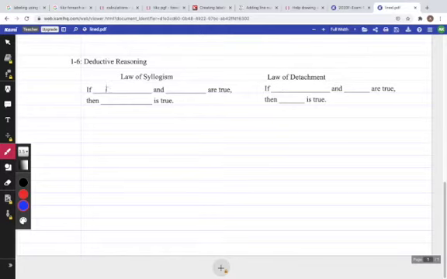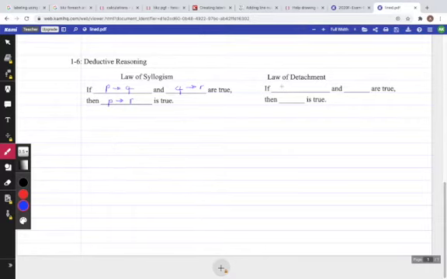The law of syllogism states that if P implies Q and Q implies R, then P implies R. That makes relatively straightforward sense, and this is actually used a lot whenever we're forming proofs, because we have one statement and that statement implies a second statement, and then that second statement implies a third statement, and so on and so forth.